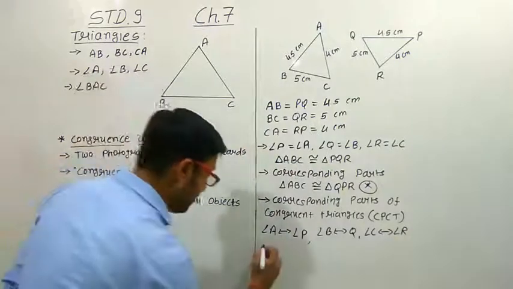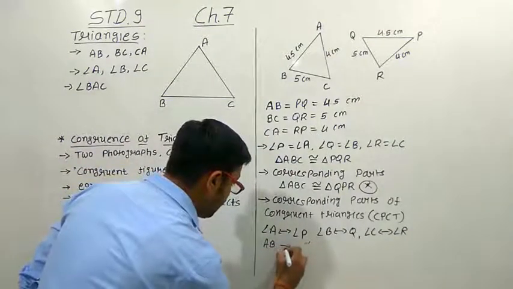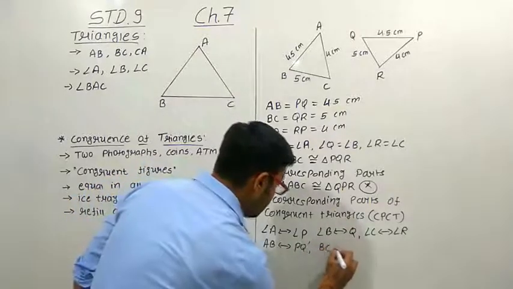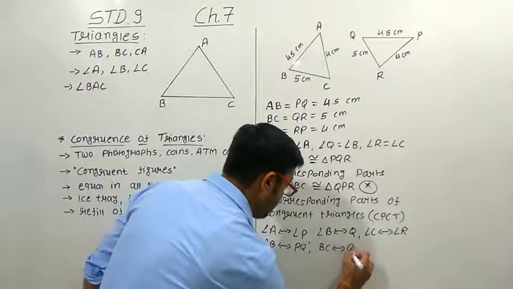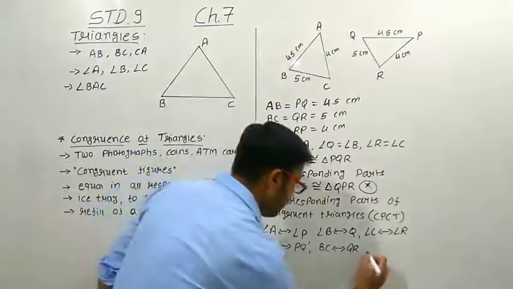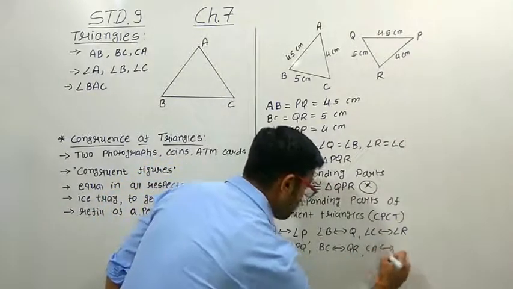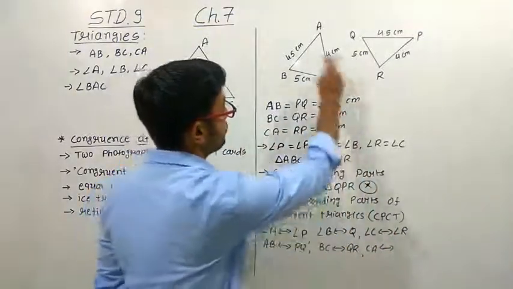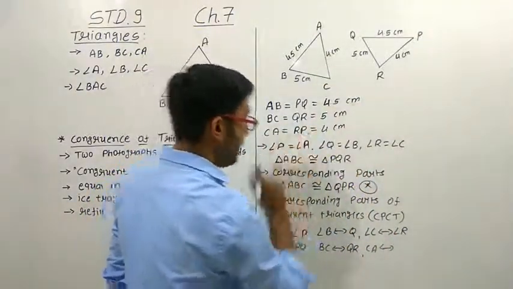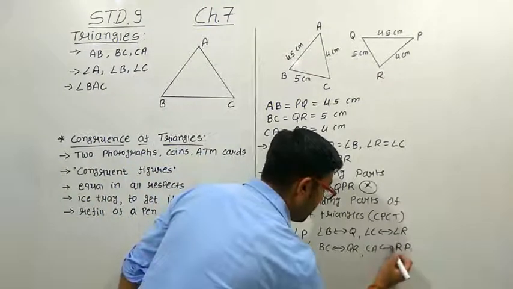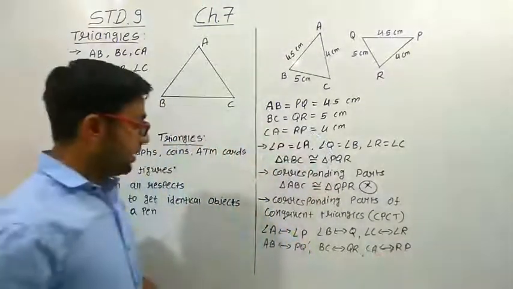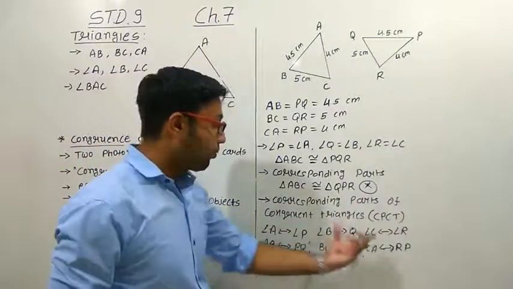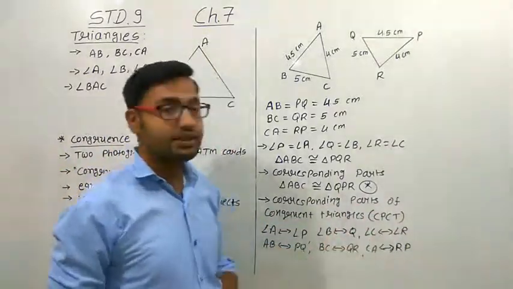Also for the sides, we can write that AB side corresponds to PQ side, BC side corresponds to QR side, and CA side corresponds to RP. And that is why these parts are called corresponding parts of congruent triangles, in short CPCT.